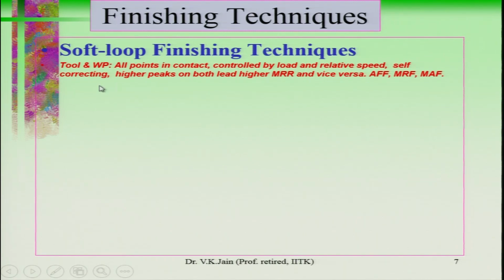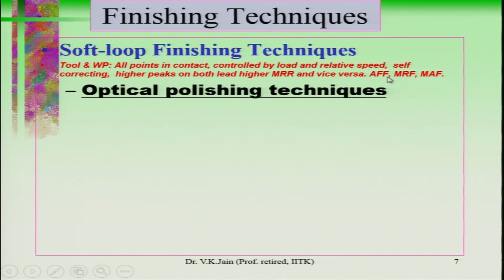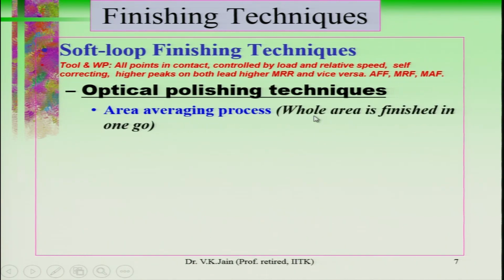Self correcting, higher peaks on both lead to higher material removal rate, both meaning here the tool as well as the workpiece, and that also makes a difference in the material removal rate. And there are various processes that we have already seen, like magnetorheological finishing, abrasive flow finishing, magnetic abrasive finishing and so on. Optical polishing technique has certain characteristics.